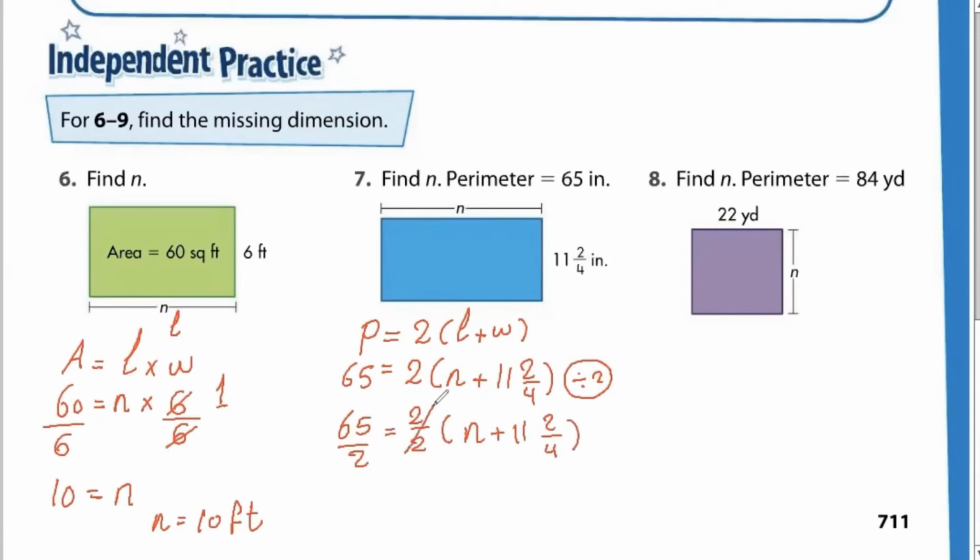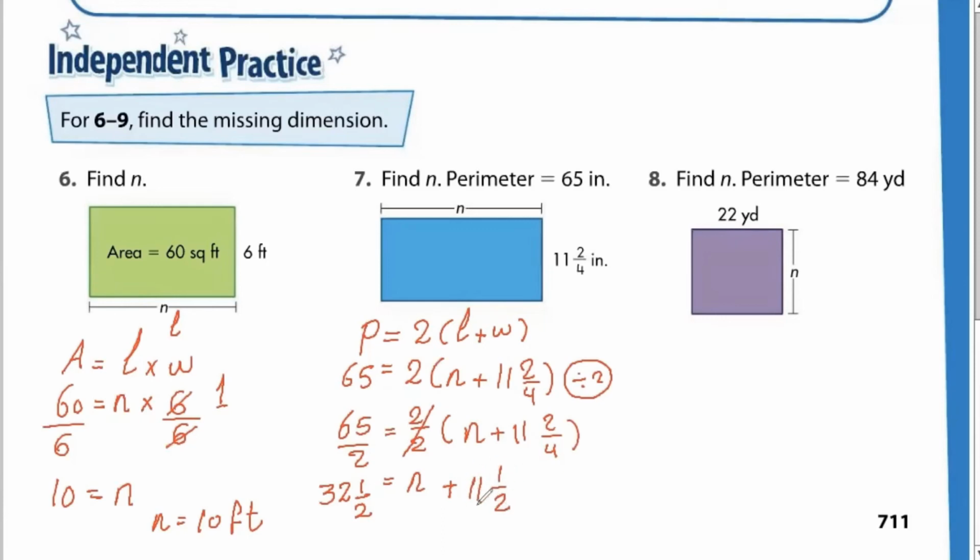2 divided by 2 equals 1, so I can cancel 2 with 2. So 65 divided by 2: 6 divided by 2 equals 3, and 5 divided by 2 equals 2, remainder 1, so 32 and 1/2 equals n plus 11, and the fraction part 2/4 equals half.